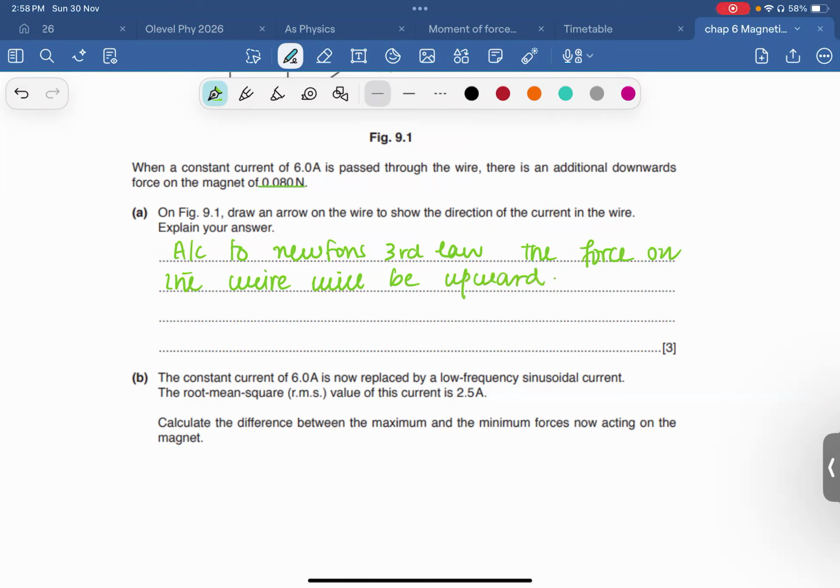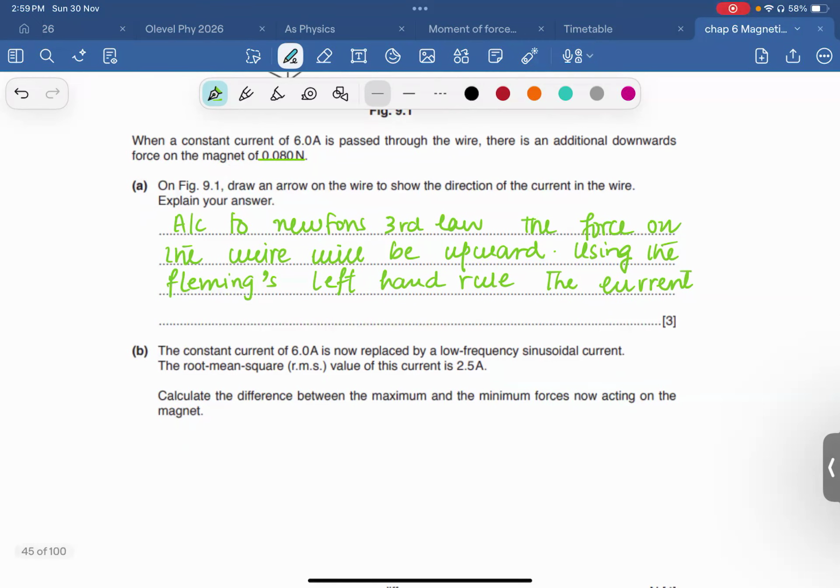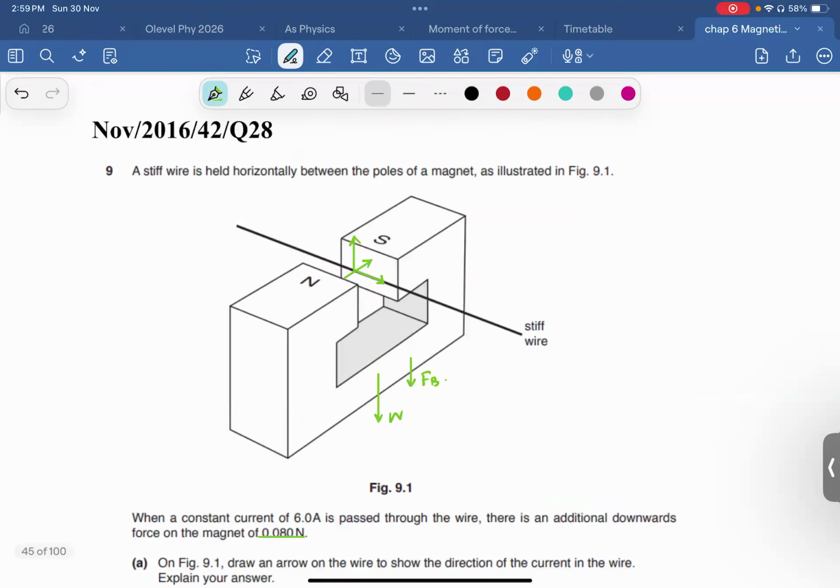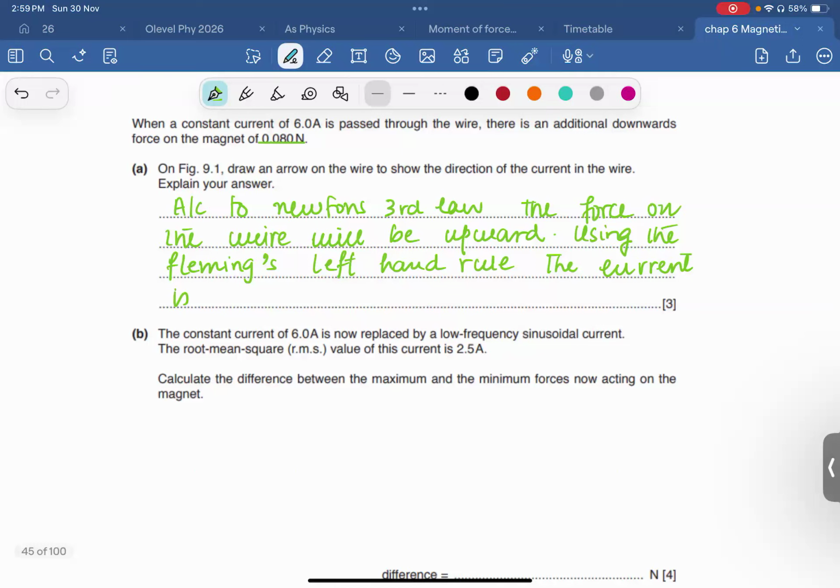Then, using Fleming's left hand rule, the current is flowing downward.